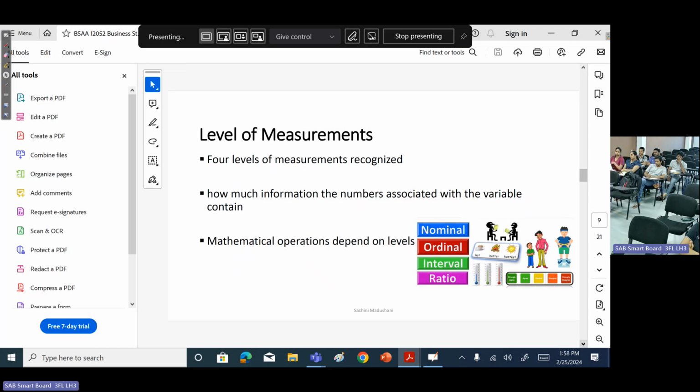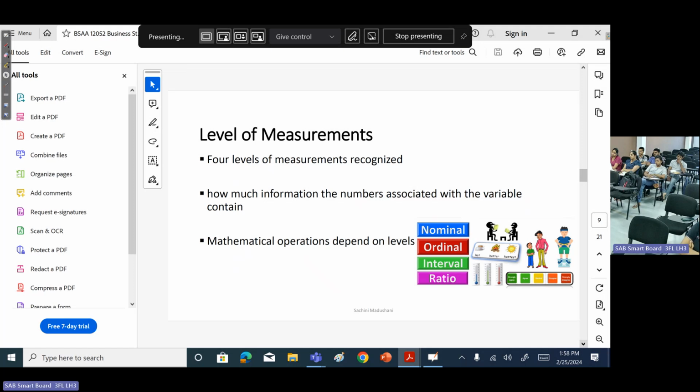Okay, this concept is very important. When we do research, we feed the data into software. Before we do the analysis, the level of measurement is very important.